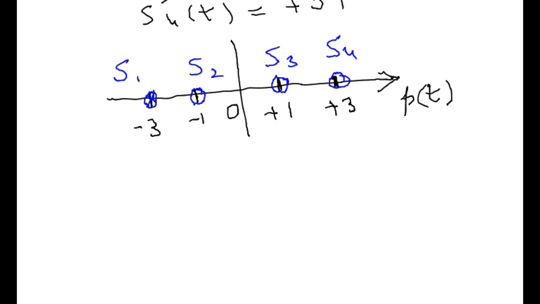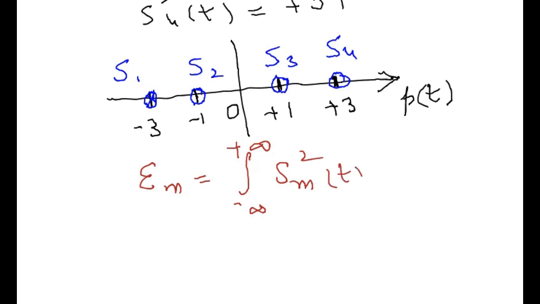Now if we are interested in the energy of the signal Sm of t, and we are always interested in the energies of the signals, we can compute it. The energy of the signal would be the integral of the square of Sm.